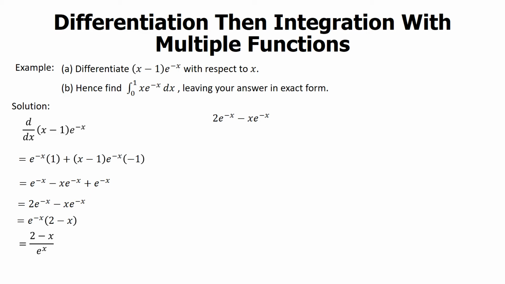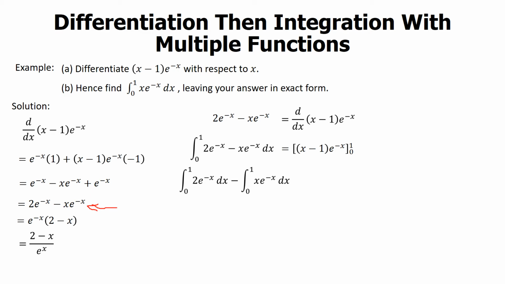Now, we want to integrate x times e to the power negative x. We can start from 2e to the power negative x minus x e to the power negative x, which is from here. So it is equal to d over dx of (x minus 1) e to the power negative x. So if I integrate from 0 to 1 of 2e to the power negative x minus x e to the power negative x dx, it equals (x minus 1) e to the power negative x from 0 to 1.